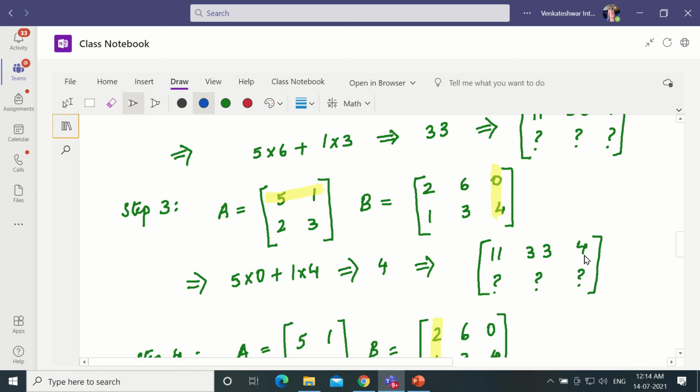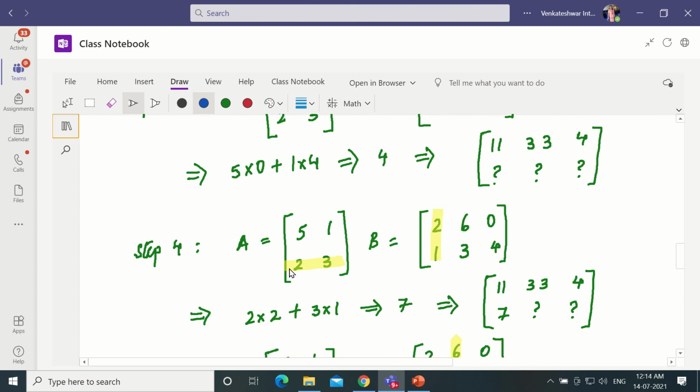Since my first row is now complete, I will go to the second row. So I will take 2 and 3, that is the second row, and repeat the steps where I multiply it with the first column, then with the second column, and then with the third column. So in this case, I'm multiplying the second row with the first column: 2 into 2 plus 3 into 1. So this is 7. So I get A21 as 7.